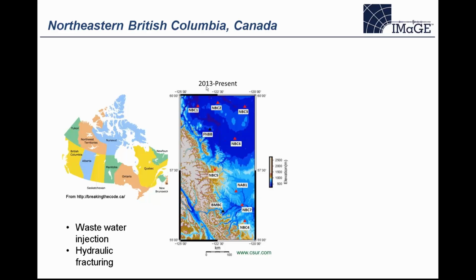So in 2013, a research consortium was formed, with the purpose of understanding the induced seismicity in this region. The first thing they did was increase the number of stations from 2 to 8, adding multiple broadband stations, and the data are publicly available, with a waveform catalog.